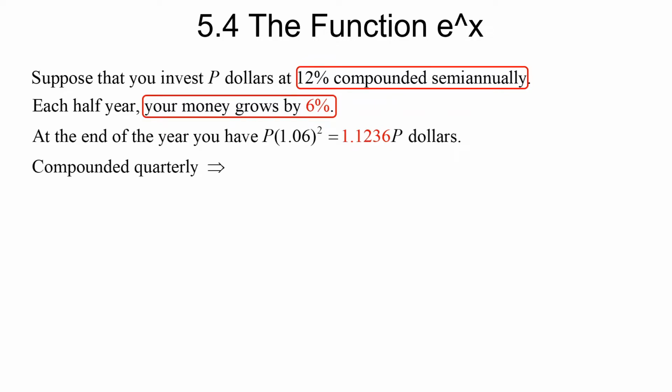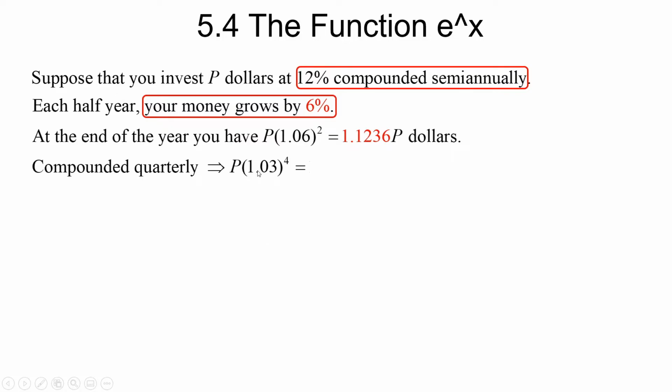Let's compound quarterly now. So we're going to go P, our investment, but if we're compounding quarterly, we're compounding, what, 4 times a year? So 12% divided by 4 would be 3%, making the growth factor 1.03. And then how many times did we compound? 4 times. Now guess what?